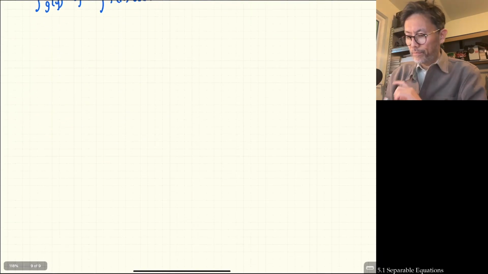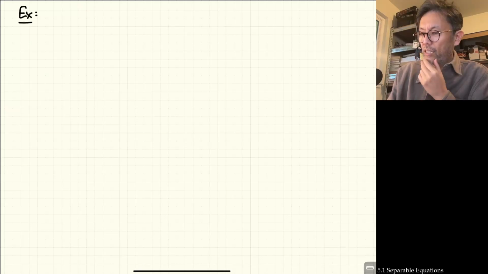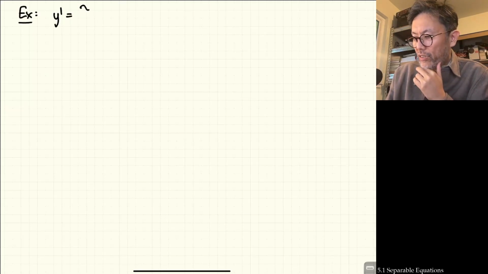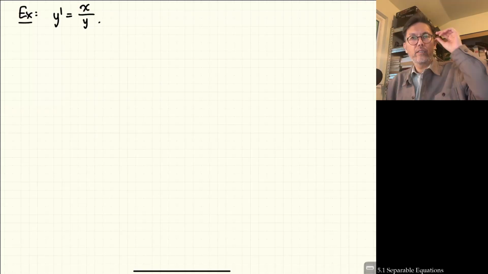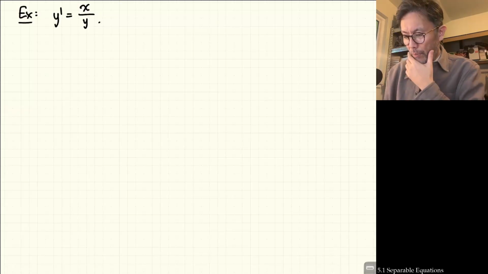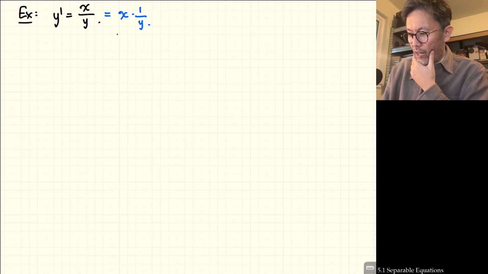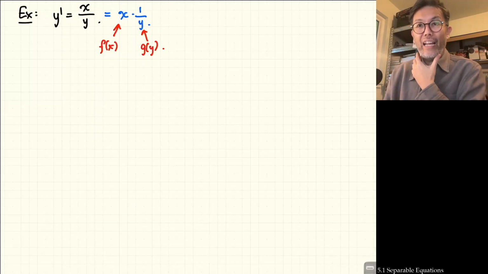Let's do an example. So for this example, let's do something very simple, like y prime equals x over y. Okay? So I claim, and I'm right, that this is a separable differential equation, because we can write this as x times 1 over y. And what's playing the role of our f of x in the general theory is this, and what's playing the role of our g of y is that.